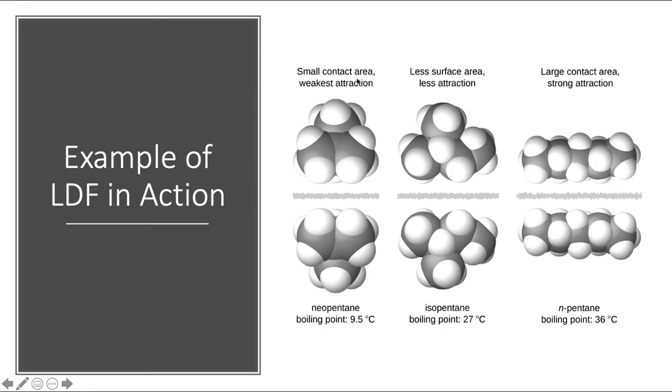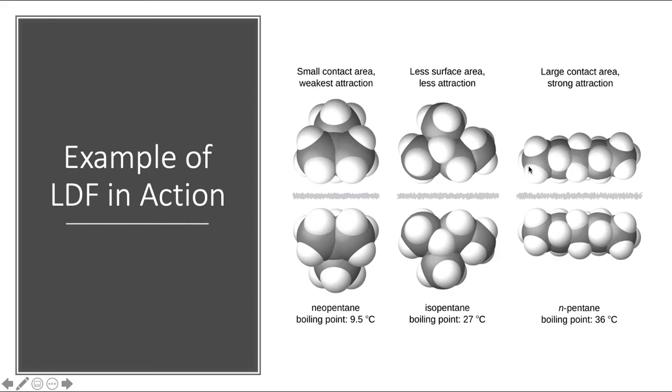Therefore, it will have the weakest attraction. This one is a little higher than that but smaller than the other, because it only has one side group, whereas this one has 2. It has a little higher surface area than this molecule, therefore more attraction than this molecule, but still not as much as the last.